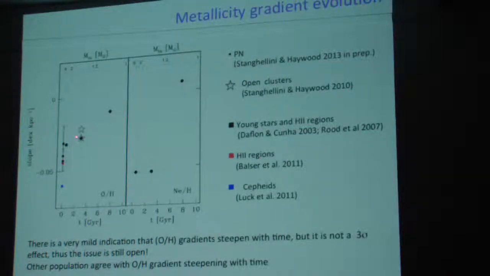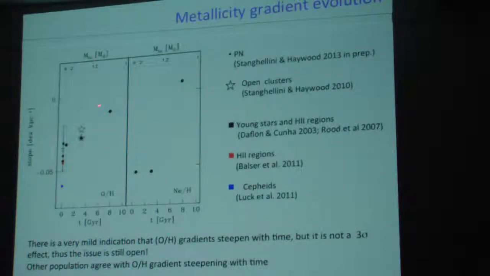So we put these three points, the black dots, type 1, 2, and 3, and we fit a gradient slope with time, which corresponds to a steepening of the metallicity gradient in the galaxy since the time of galaxy formation.